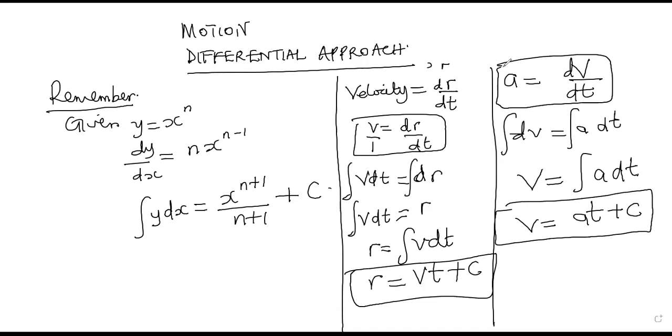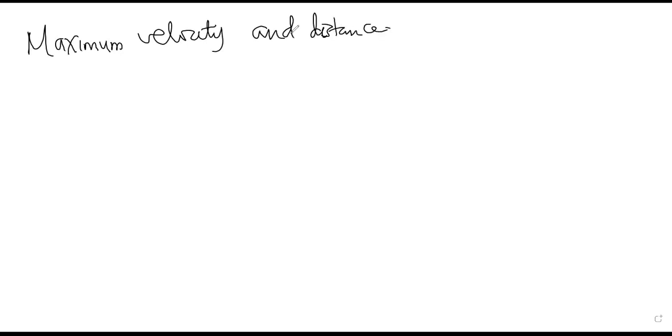Then another thing that we need to know is that when you're given maximum velocity and distance, they can talk about maximum velocity and the distance. When you're having maximum velocity and distance, we need to know when these maxima are obtained.